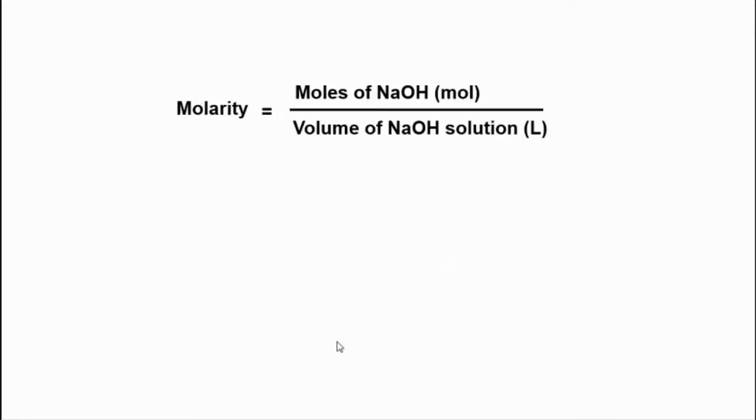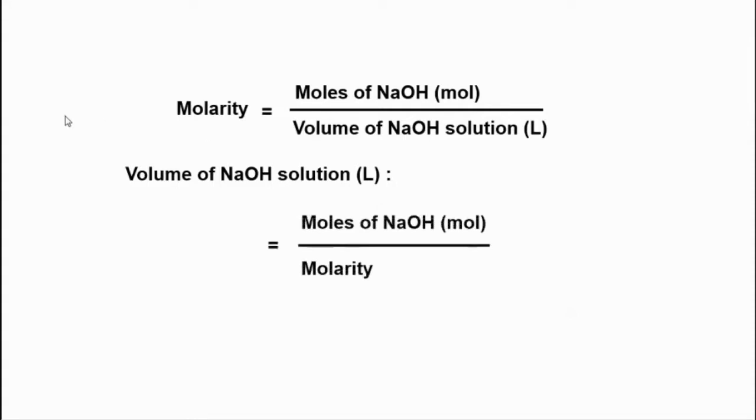Next, we want to determine the volume of the solution. Since the molarity of the sodium hydroxide is already given, and we have already determined the moles of sodium hydroxide from the previous stoichiometric relationship, using this equation we are going to calculate the volume of sodium hydroxide solution needed to react with the sulfuric acid.